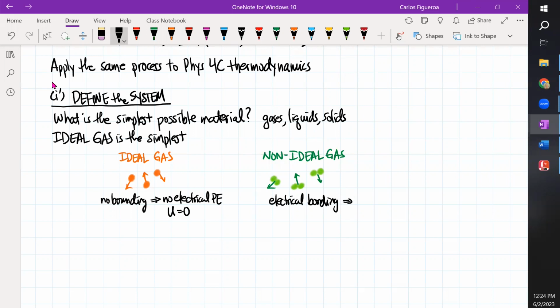And if there's electrical bonding, we have to now include the potential energy into our equations.